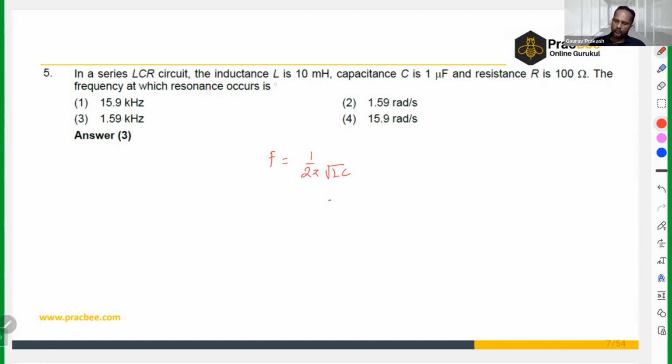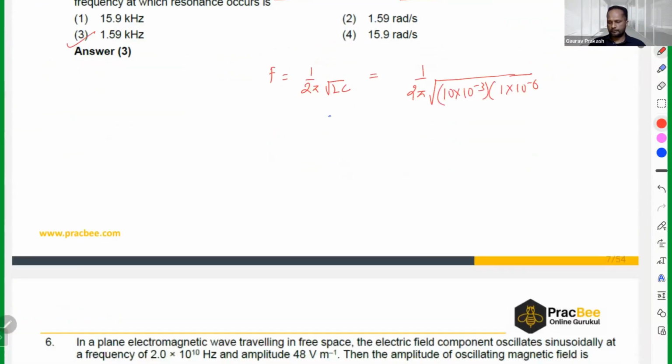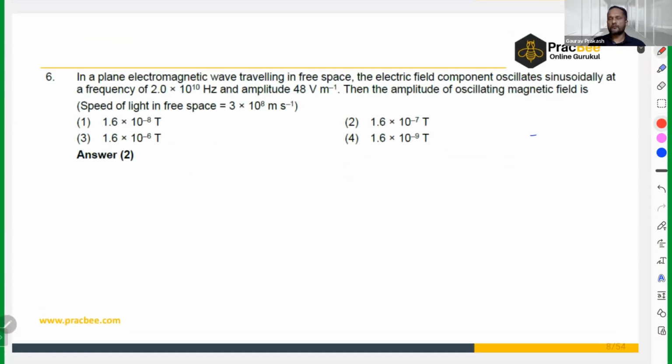You have been given the value of L, you have been given the value of C. So you can write this as 1 by 2 pi, inductance as 10 into 10 to the power minus 3, and the capacitance as 1 into 10 to the power minus 6, because it is microfarad and millihenry. You can further simplify it and you'll get the correct answer as 1.59 kilohertz. Let's move on to the next question.